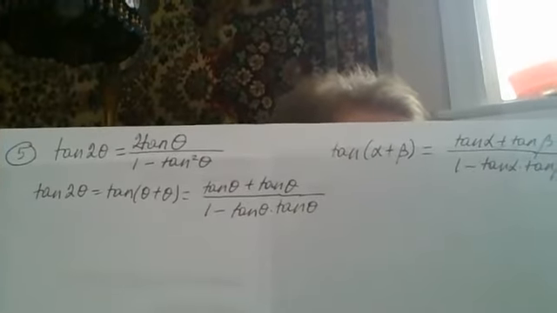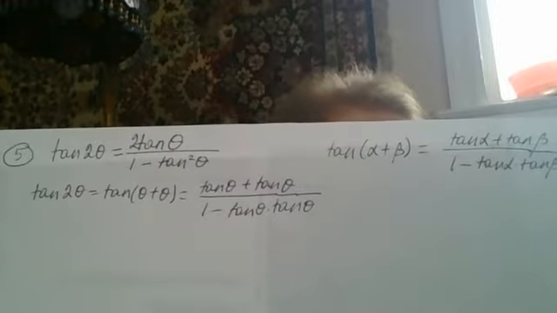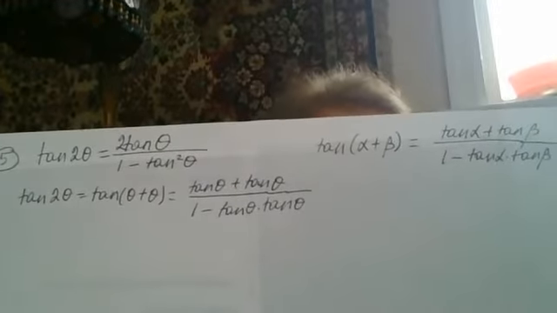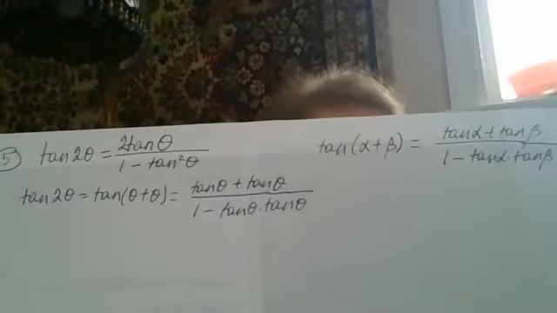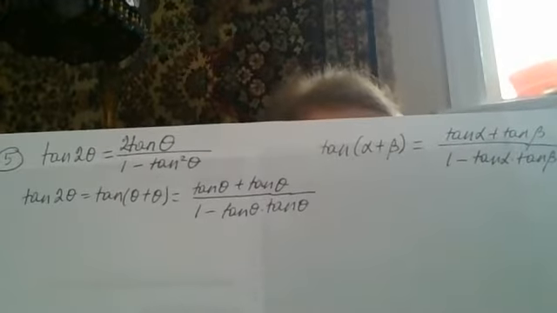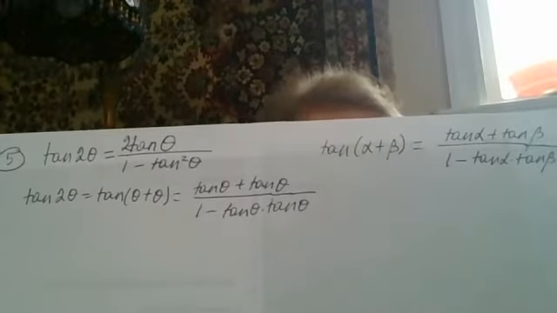Tangent of 2 theta equals tangent of theta plus theta. And because of the tangent of the sum of 2 angles formula, it will be tangent theta plus another tangent theta. And downstairs you have 1 minus tangent theta times tangent theta. So far, so good? Yep.